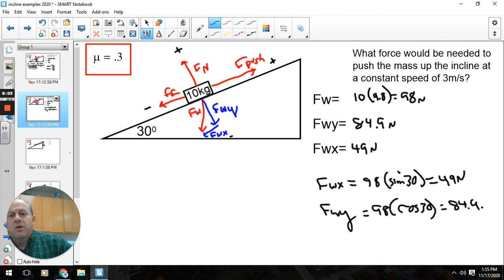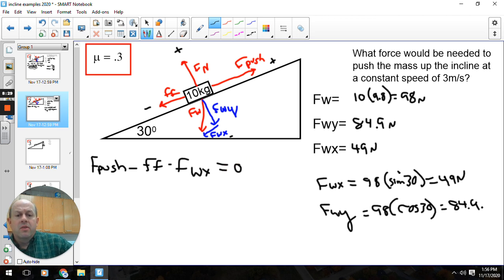Now let's do our equations. Going up, we have our positive force push minus our force friction, also minus our force weight x, and that's going to equal ma, or 0. Well, we're at a constant speed here, so that would be 0.